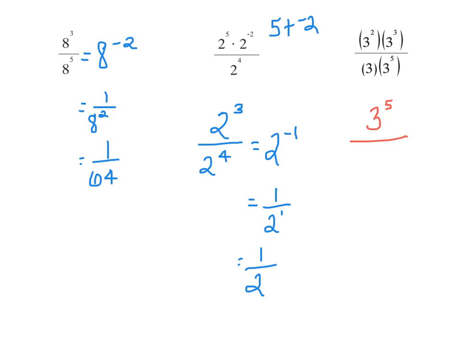I have 3, or 3 to the first power, times 3 to the fifth power. Same base, I add my exponents, so I get 3 to the sixth power. I'm dividing with the same base, so I subtract my exponents. I get 3 to the negative first power, and I can write that as 1 over 3.